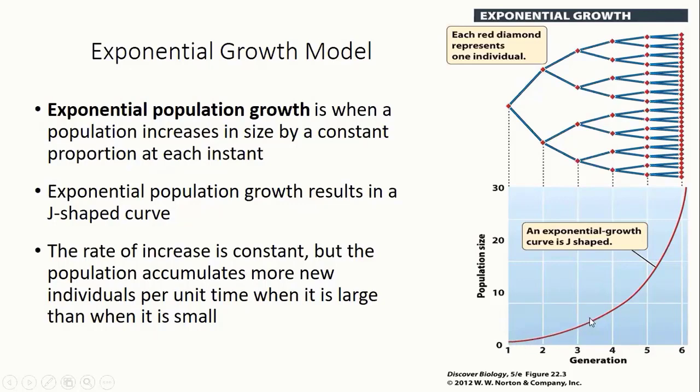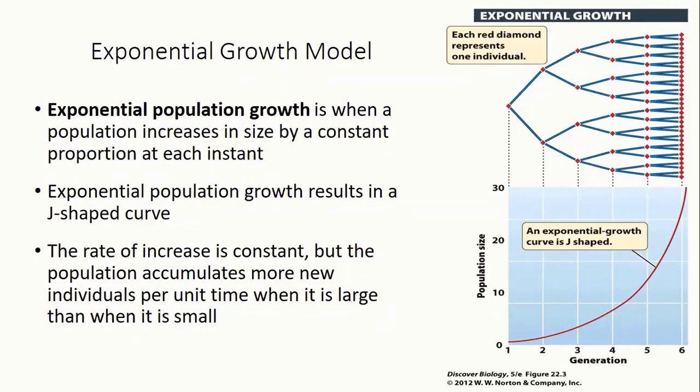But as the number of individuals accumulates, that doubling means a lot. When you have 1, you're doubling to 2, or 2 to 4, that's not much. But when you have 24 and then suddenly you have 48, or 1,000 and then suddenly 2,000, you see that the number of individuals increases exponentially.